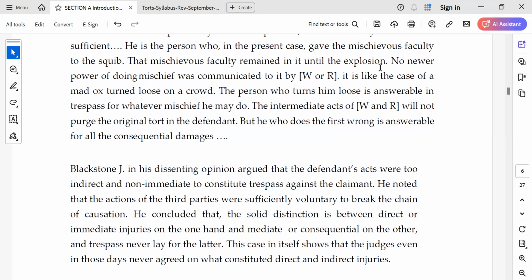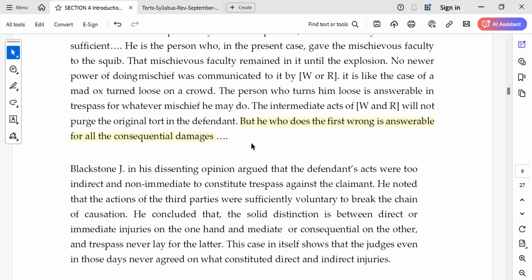It still continued, and because of his act, he basically fired it and then threw. So that is sufficient. The person who turns him loose is answerable in trespass for whatever mischief he may do. The intermediate acts of W and R will not purge the original tort in the defendant, but he who does the first wrong is answerable for all the consequential damages.